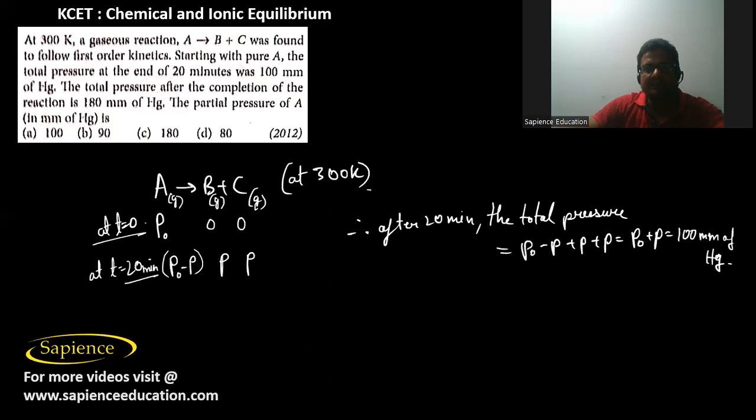Hg means mercury. Then the total pressure after the completion of the reaction.